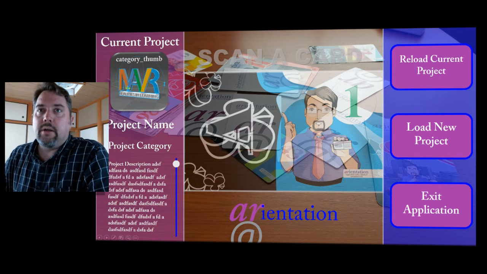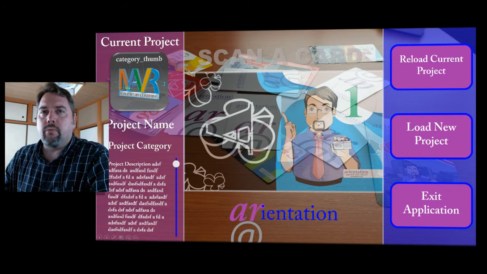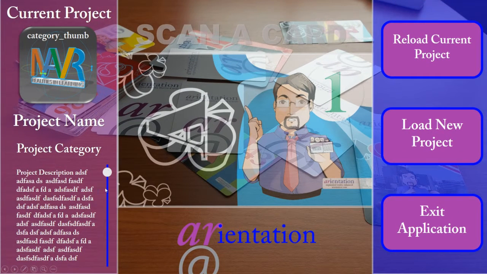It'll list the category name and the description. And if that's too long, maybe it's unnecessary to have a scrolling function on that description, so you can see it all. And on the other side, three buttons: reload, load new, and exit application.